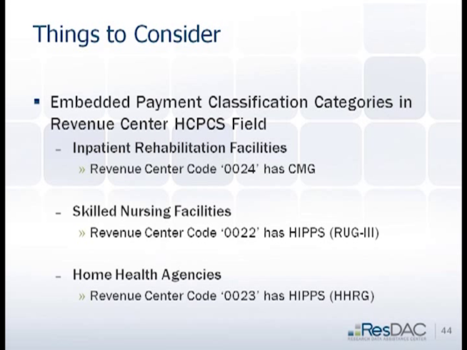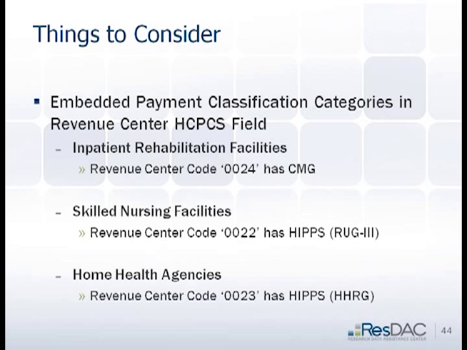So for revenue center code 0024, that's on every claim for an inpatient rehab facility, you'll find the CMG embedded into that line item, that revenue center HIPS field. Same for skilled nursing facility and home health.